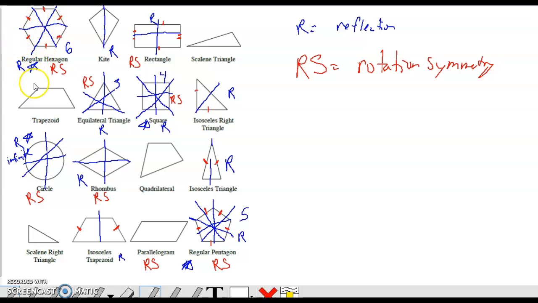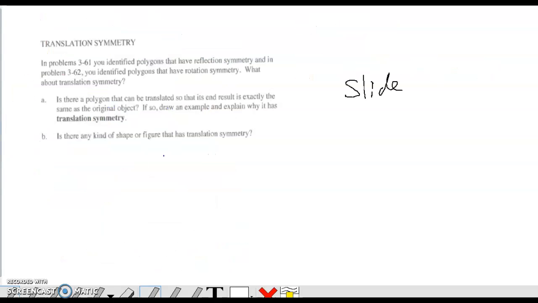And again, I can slide it up, down, left, or right, but I have to take the whole image. Do you think that there is any one of these pictures that is going to have this? And the answer is no. None of these pictures are going to have translation symmetry, which is fine. They just have rotation and reflection.